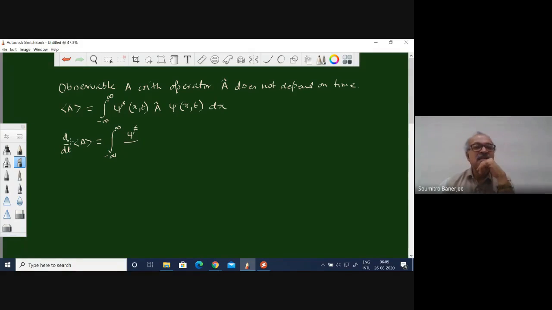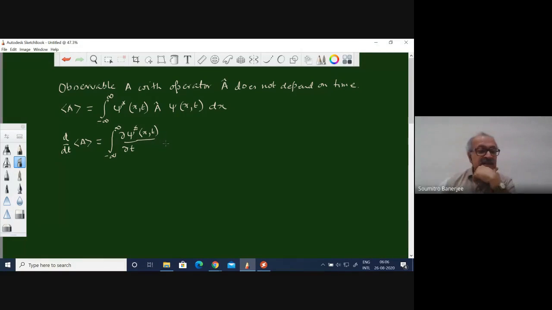I cannot write a partial derivative on the left because the expectation value of A is a function of time only, so we are taking a direct derivative. But psi star is dependent on x and t, and therefore we have to do a partial derivative. It is a function of x and t.